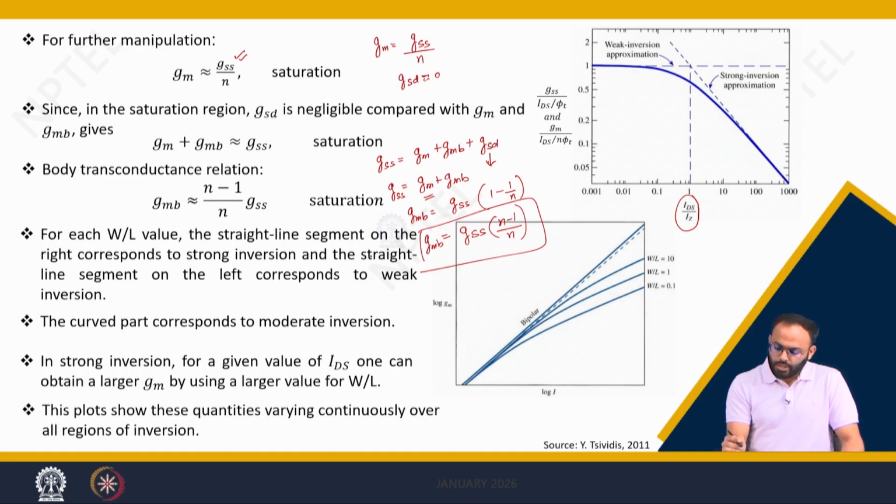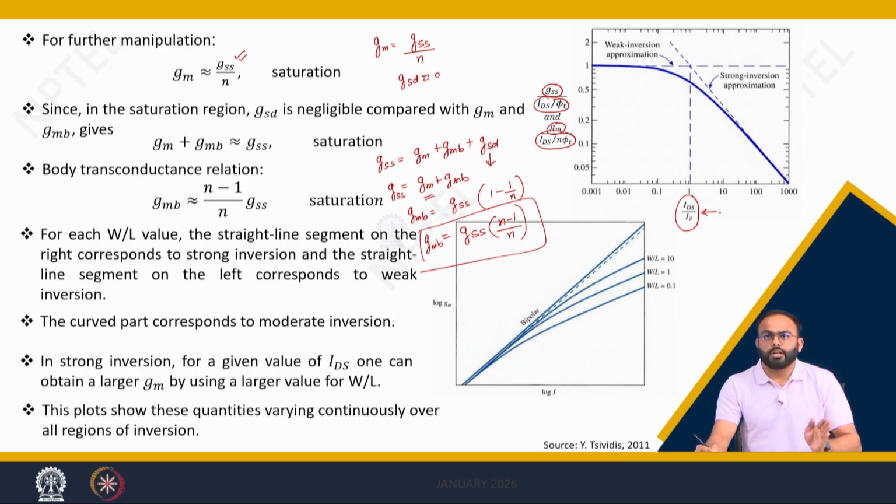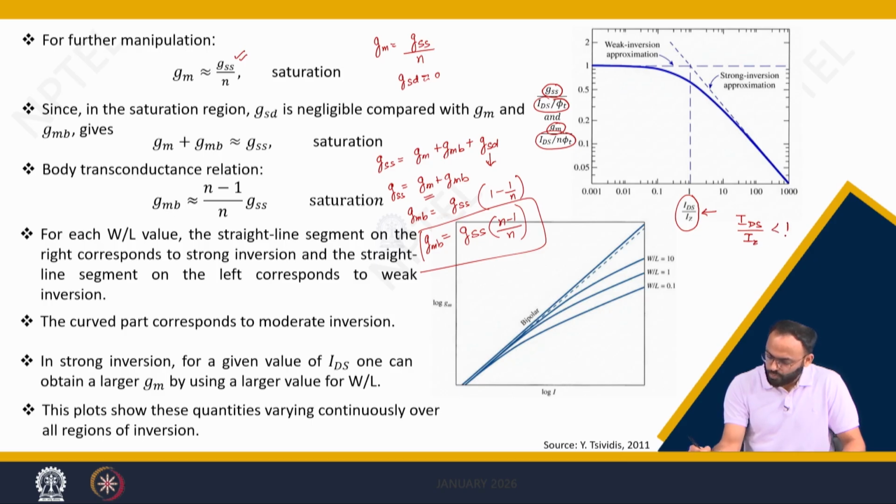To find the interrelation between GSS and GM, we plotted them on the same scale. This is GSS by ID into phi t, and this is GM by IDS into N phi t for weak and strong inversion, where this point is the cutoff point. If IDS by IZ is less than 1, or IDS is less than IZ, you are in weak inversion.